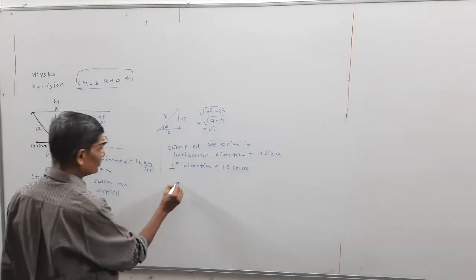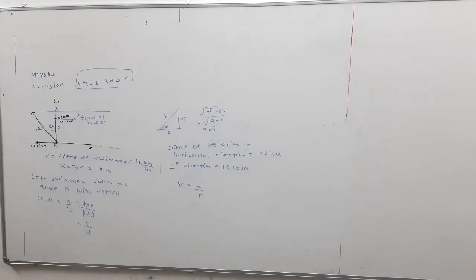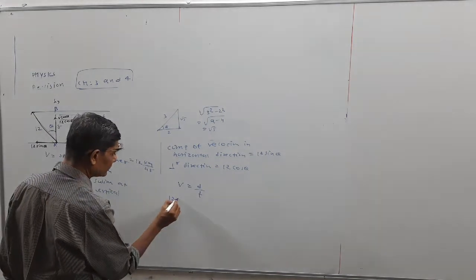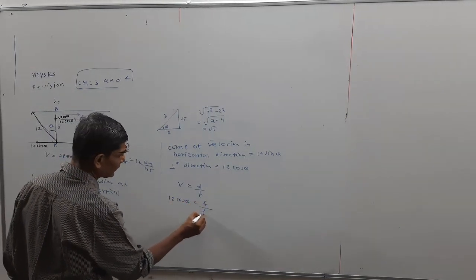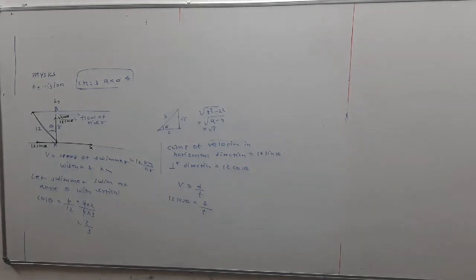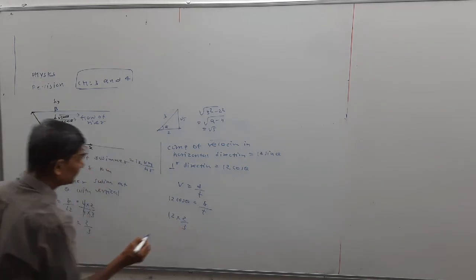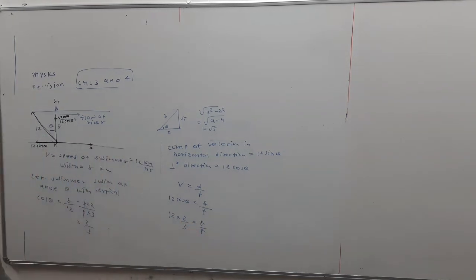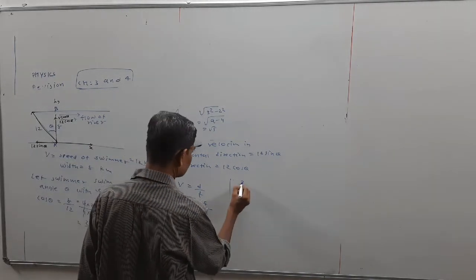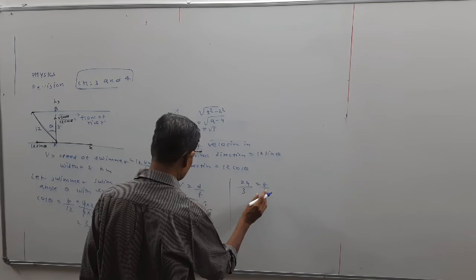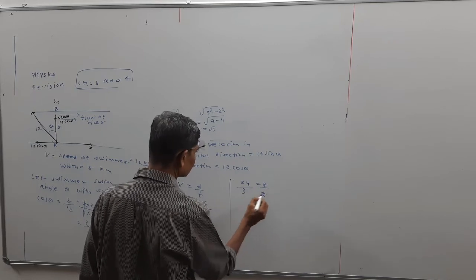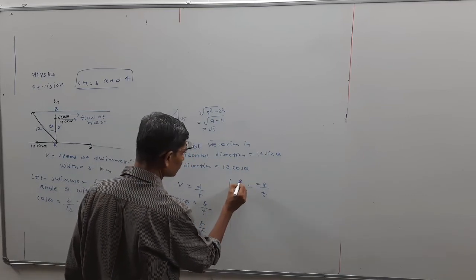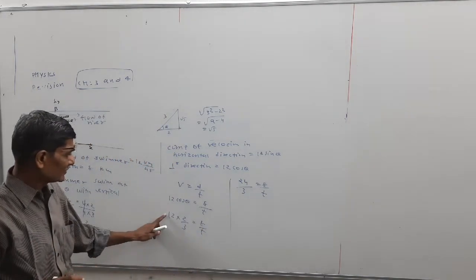Now v is equal to d upon t. 12 cos theta is the component, and the distance is 8 km, so 12 cos theta times t equals 8. The cos theta value is 2 by 3, so 12 into 2 is 24, by 3 is 8.